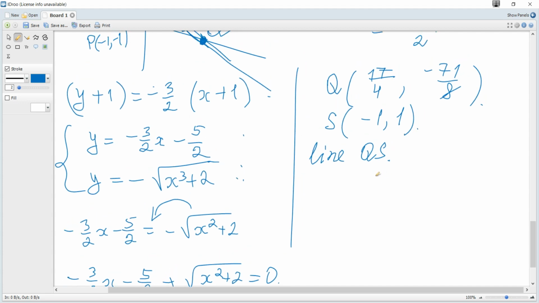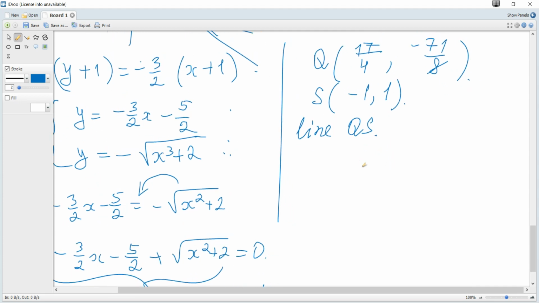So we need to find the equation of a line through 2 points. It's quite easy as usual to find the equation of a line. Use again the formula y = mx + c, or y minus y1 is m times x minus x1. For x1, y1 we can use any point on the line.